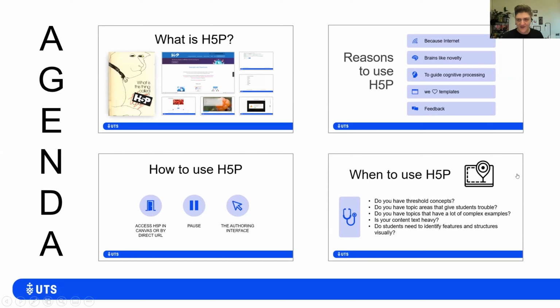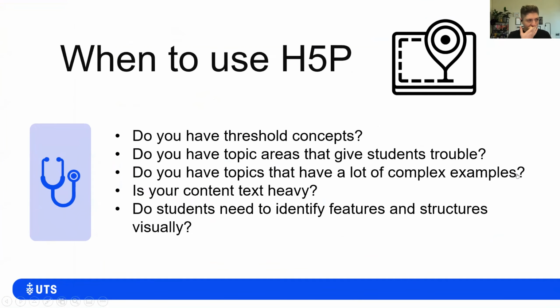Okay. The final part is when to use H5P. Some general thoughts that might be useful. Sometimes I think it can be difficult to decide exactly where you might use something like H5P.